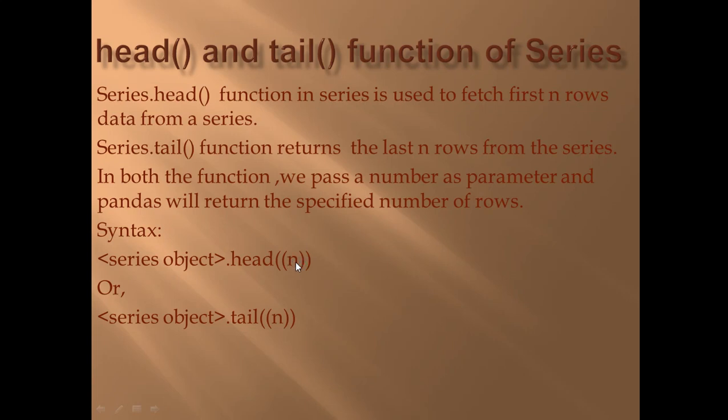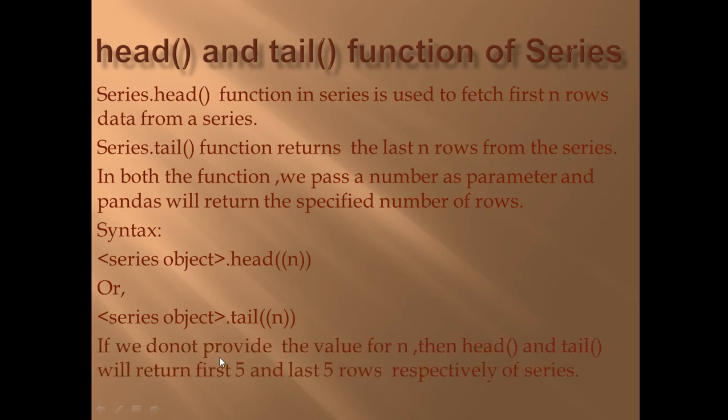The n can be 1, 2, 3, whatever it is. Similarly, the tail function will receive the value for n. First of all, you take the series object name, then you write tail. Afterwards, in the argument you specify the value of n, which can be any number.